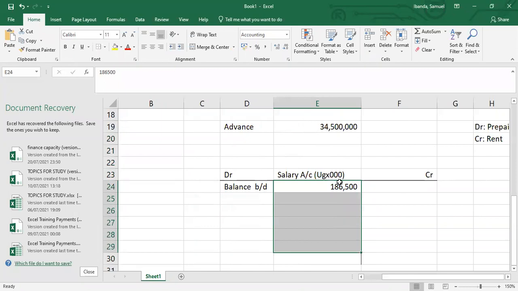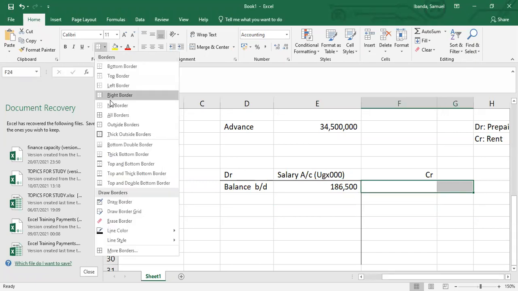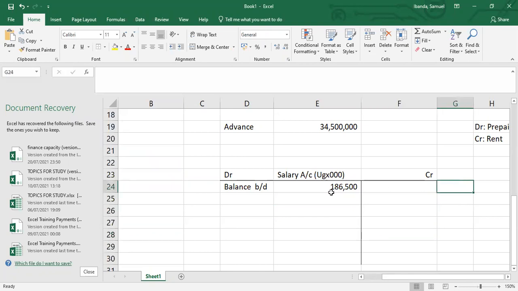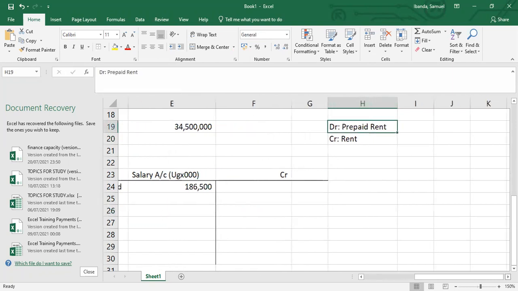For us to reduce this value, we don't debit again, we have to credit. You understand now the principle of double entry, because we are going to reduce the expense. That's why we are crediting in this case, and then we shall debit our prepaid account to complete the double entry.